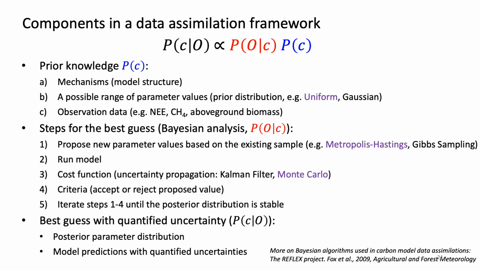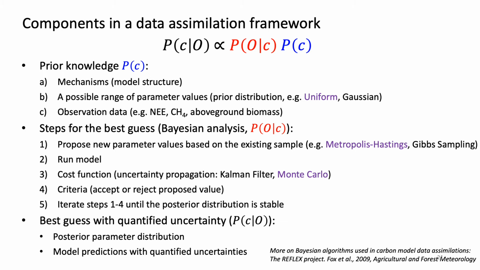The first step in the Bayesian analysis is to propose a new parameter value based on the existing samples. For the first iteration, the starting point is usually a random value within the prior range. After a new set of parameter values is generated, we use them to run the model once and calculate the mismatch between model and observations.